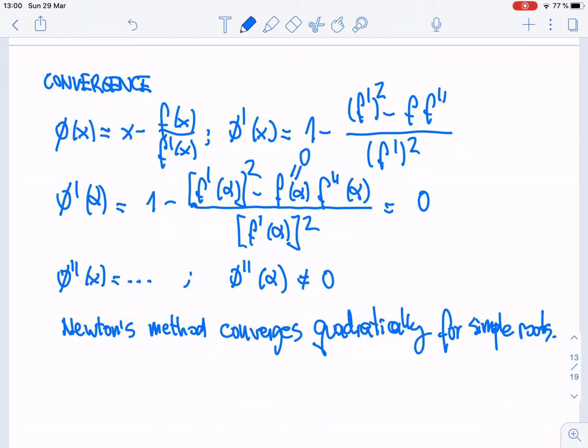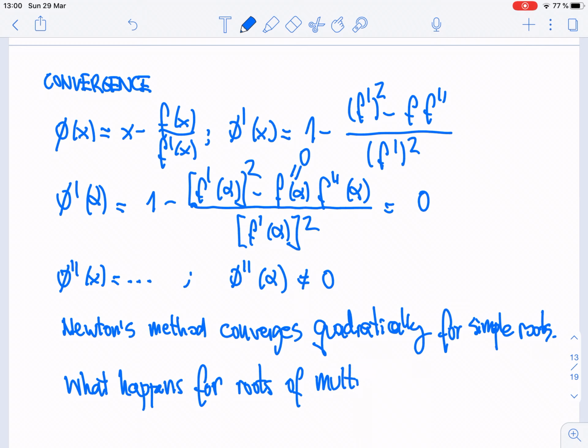and we're leaving open the question of what happens for roots of multiplicity m.